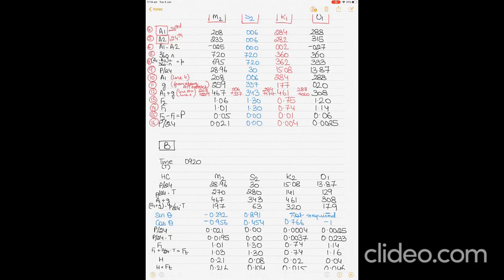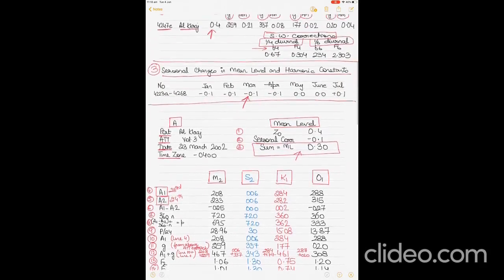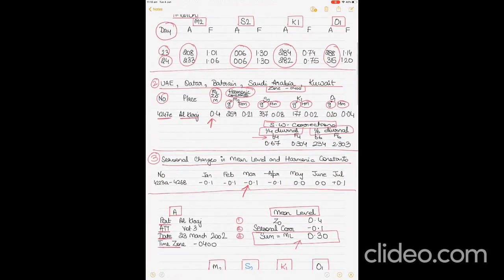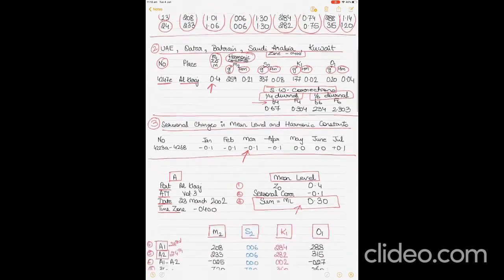Line number 13 says you have to write down the values of F2, and line number 14 says write down the values of F1. Where do I get these values from? I go back up and you can see F2 and F1 for the dates of 23rd and 24th for each constant. Simply take these values and put them in the table below. F2 is for 24th, F1 is for 23rd.